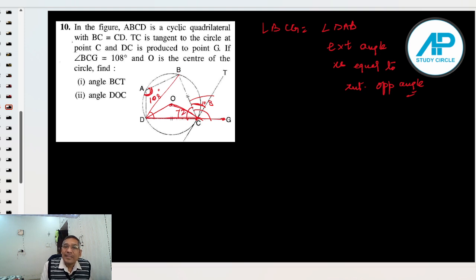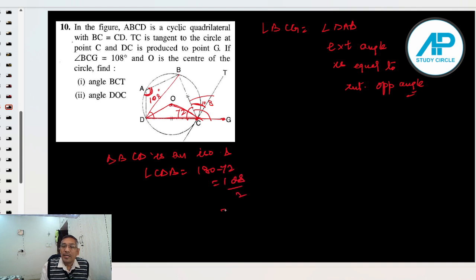Triangle BCD is an isosceles triangle. So angle CDB equals (180 minus 72) by 2, which equals 54. This angle is also equal to 54.